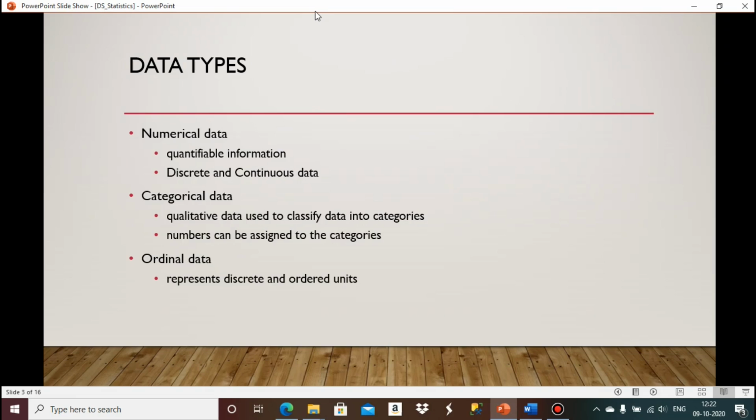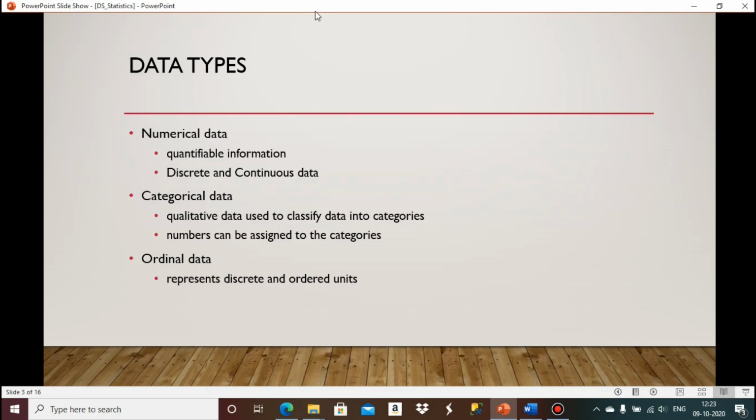Then we come to categorical data. Categorical data is used for qualitative measurements. It is qualitative data that is used to classify data into different categories, and there can be some numbers which can be assigned. Say it is the gender of a person, suppose male and female. They are two categories of people, and sometimes we can give some numbers to them, say male as 1 and female as 2.